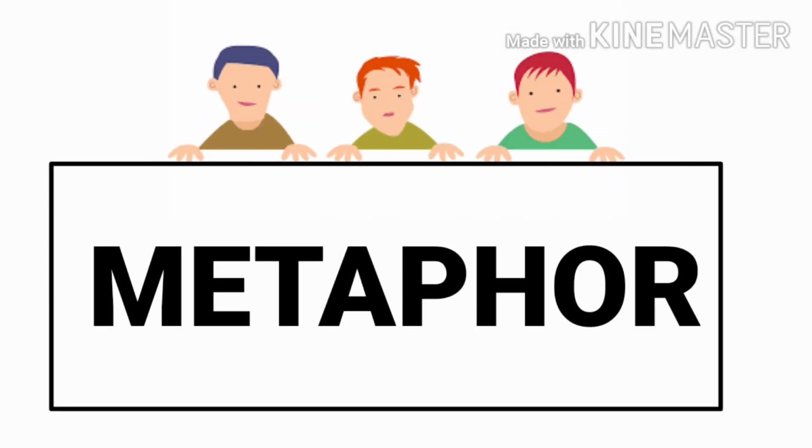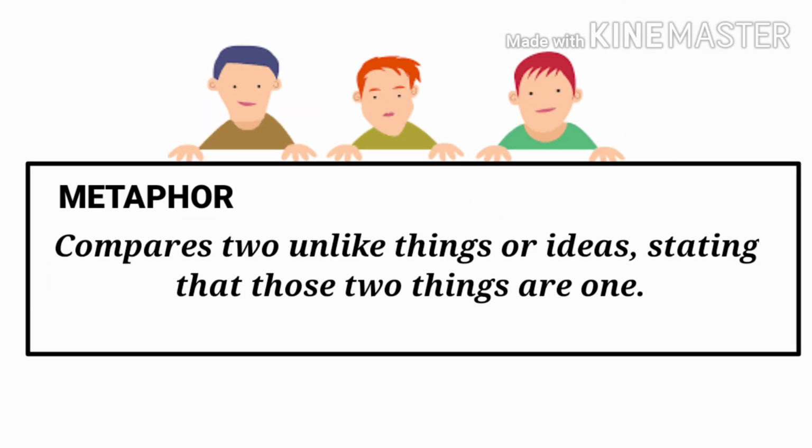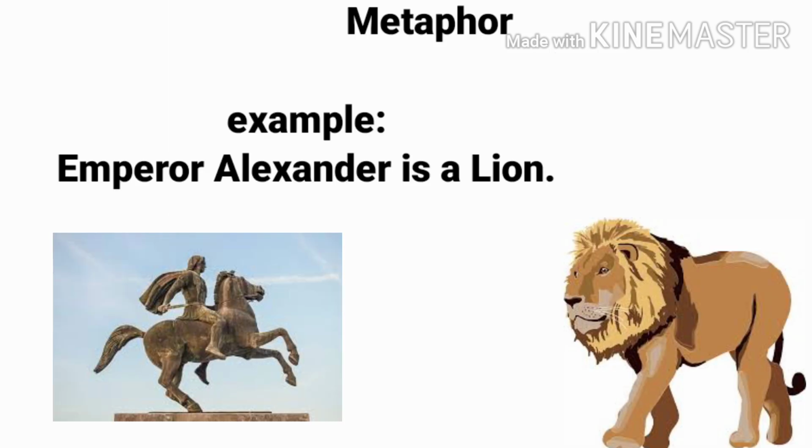Metaphor. Metaphor also compares two unlike things or ideas, stating that those two things are one. You see an example. Emperor Alexander is a lion.